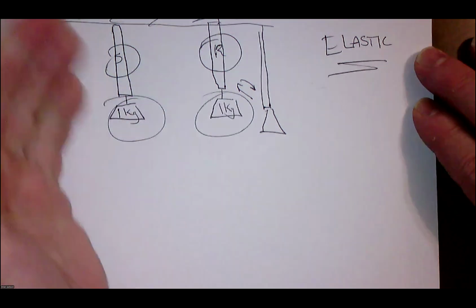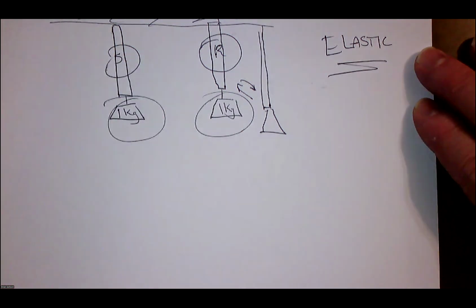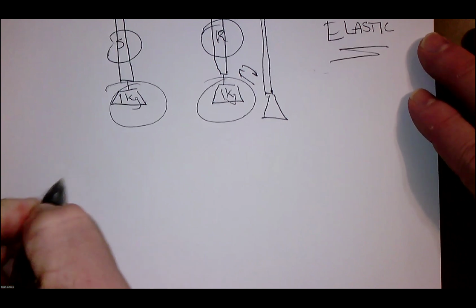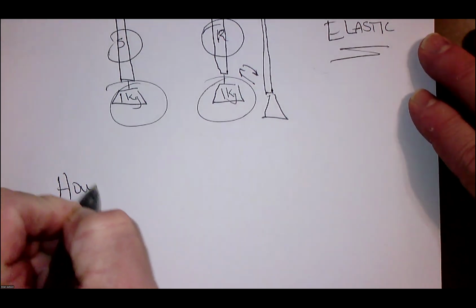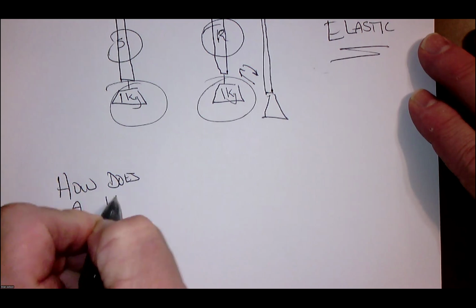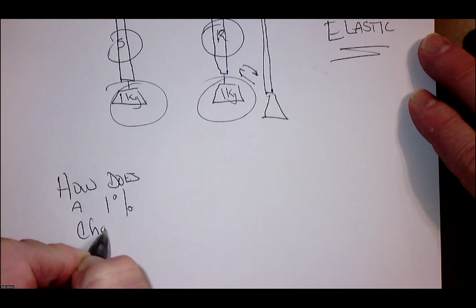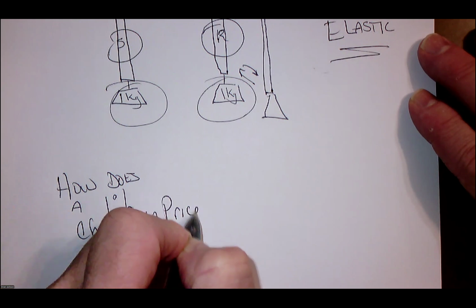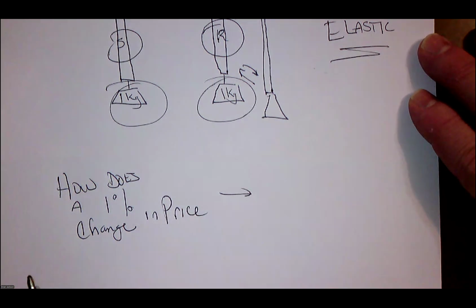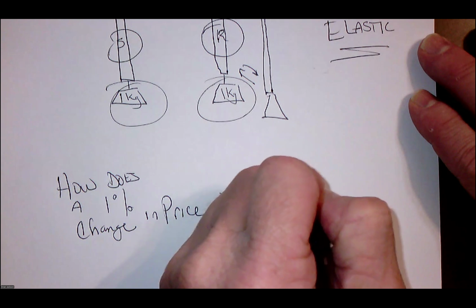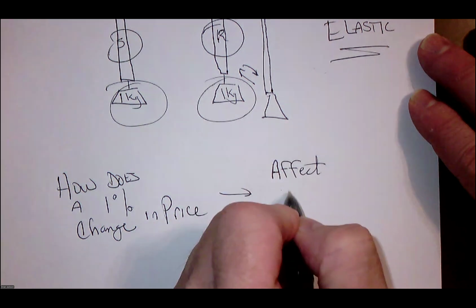Instead of a mass or weight, we might talk about a change in price. So here's my question: how does a 1% change in the price of a good affect its quantity demanded in the marketplace?